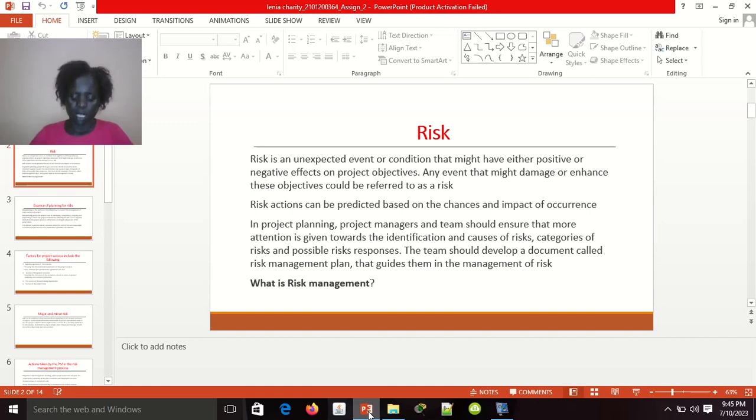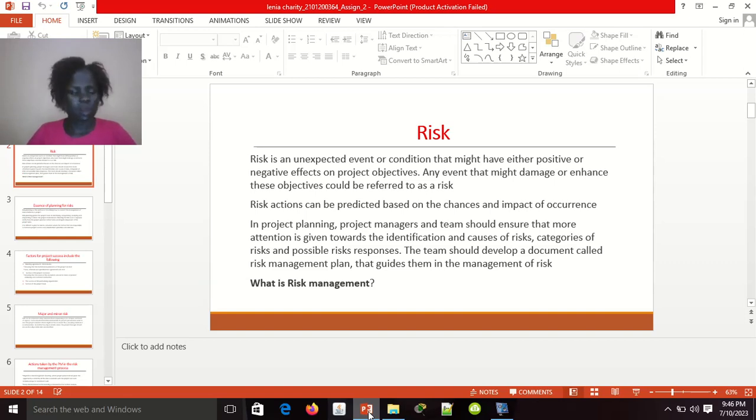You start by identifying the risk, what caused it, the categories, almost all details on the risk. They can do that by developing a document called a risk management plan, which has more details on a risk, its target, the cause, the category, the description, everything.